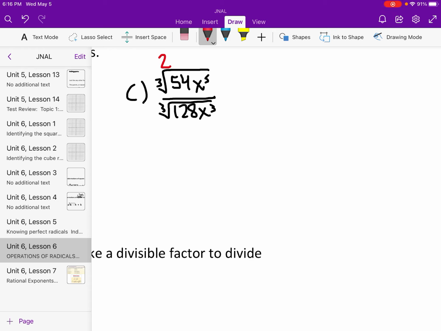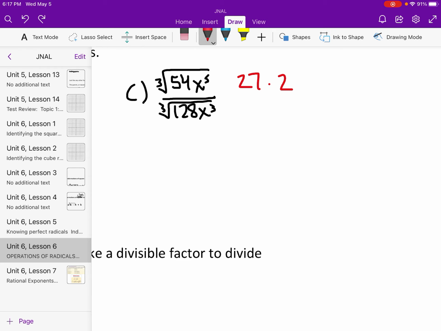We could do that because you can take the cube root of 27. I'll just put that over here. 27 times 2. And for the x to the 5th, that can be taken out. Here's what you have to do. You have to split up the exponent into two things that can be added, and one of them can be divided by 3, because that's how you can get an x out, by dividing by 3, because that's the index.